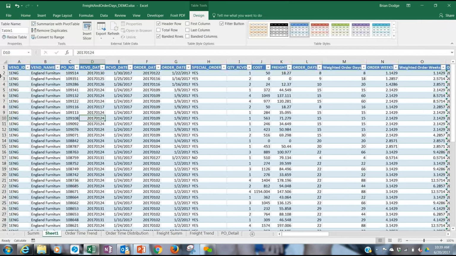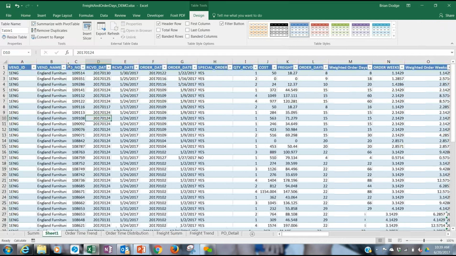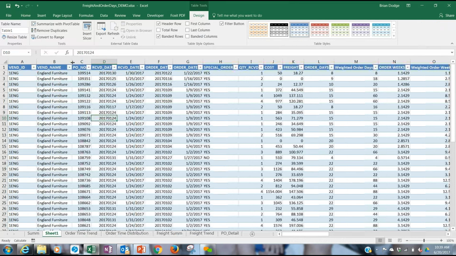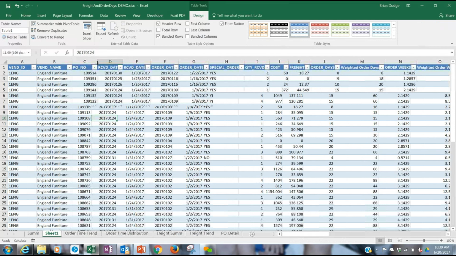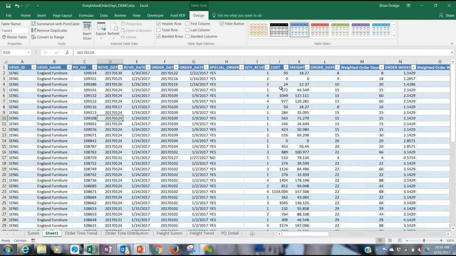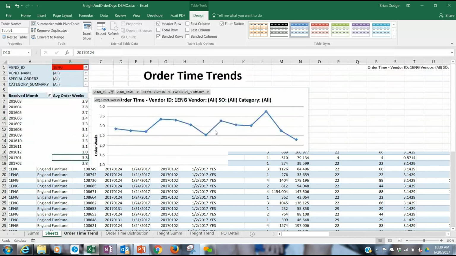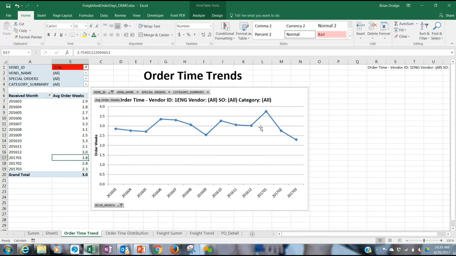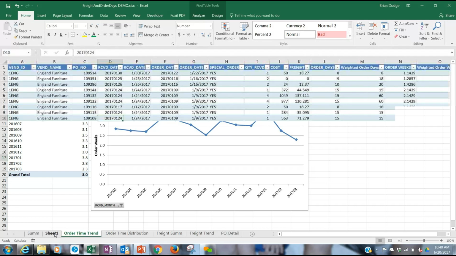It's going to give me all the information for the POs that came in January of this year: the quantity, cost, freight, etc., and the order weeks. You can sort and filter on any of these columns to understand what drove the order time to be 3.8 weeks in January. Maybe it was a single PO.